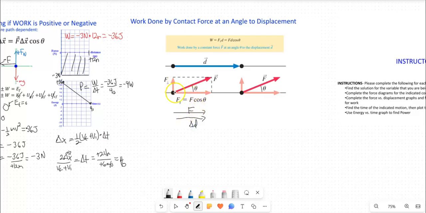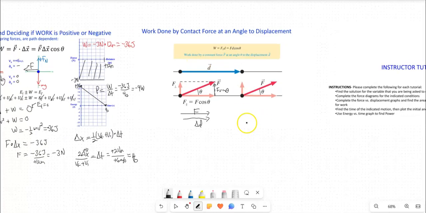Okay, so for example, if a force was pushing up and to the right while an object was moving to the right, this part of the force that is straight upwards, the F sine of theta, does not contribute to the work at all, right? You would neither be speeding the object up or slowing it down, okay? If it's moving to the right, only the part of the force that is parallel to the displacement is contributing to the work in speeding it up or slowing it down.